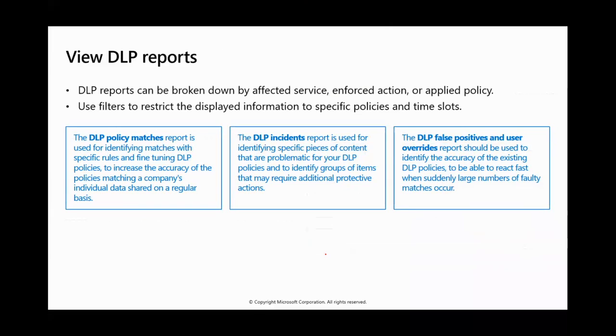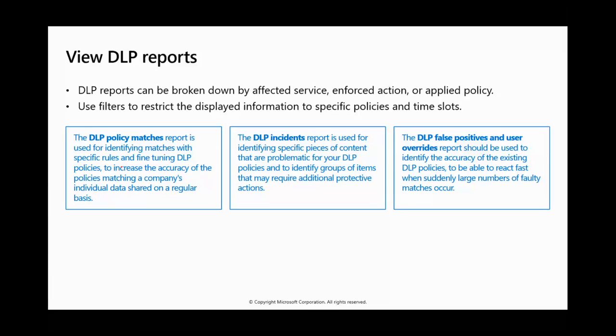For example, key features of these DLP reports: the DLP policy match report is used for identifying matches with specific rules and fine-tuning policies. We are using this to increase the accuracy of the policies matching a company's individual data shared on a regular basis.